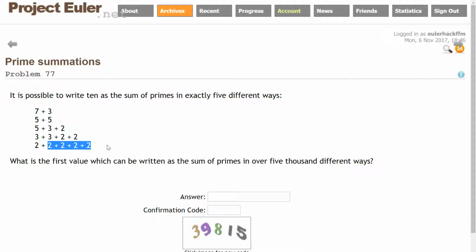The way this is structured indicates that I should always pass in the maximum prime. So it's how many ways can 8 be composed using primes up until including 2, or up until 3. Let's do up until including 2. Likewise, how many ways can 7 be composed up until including 3, and so forth.